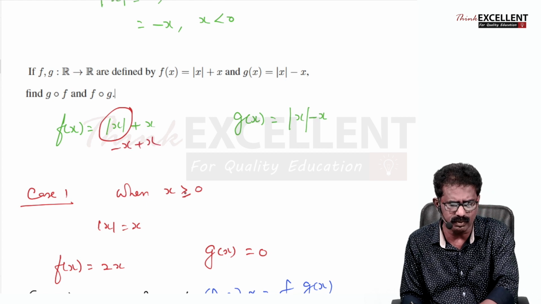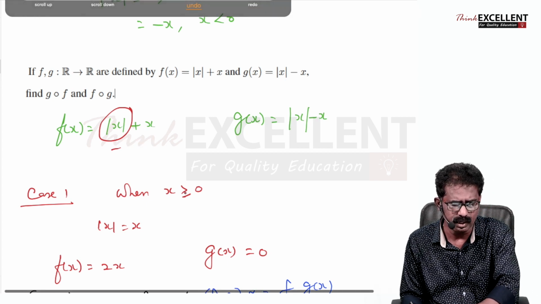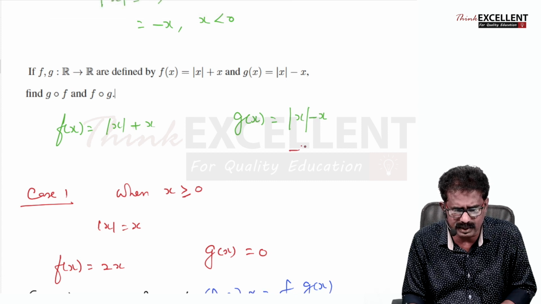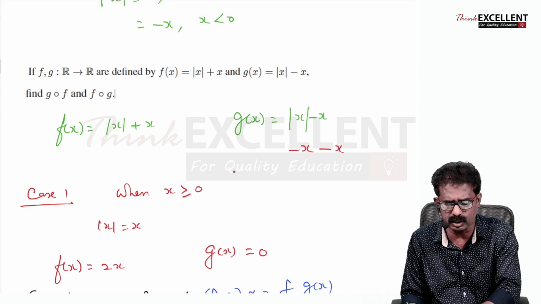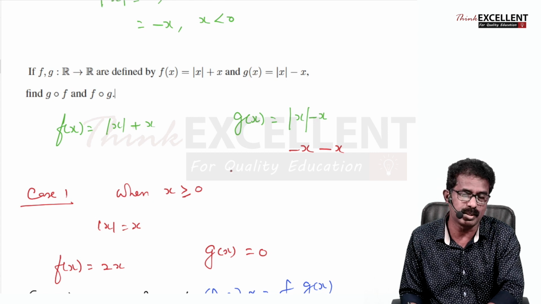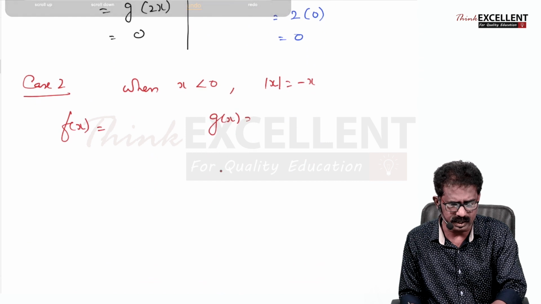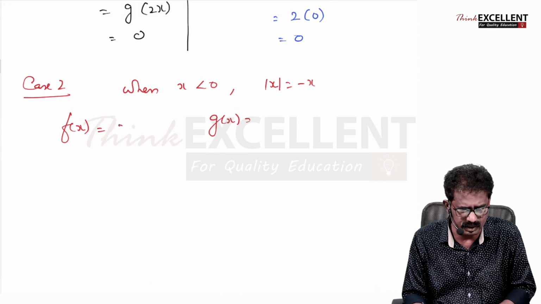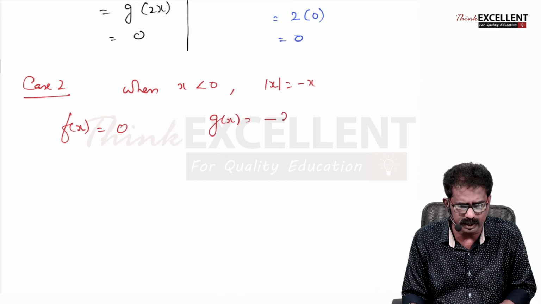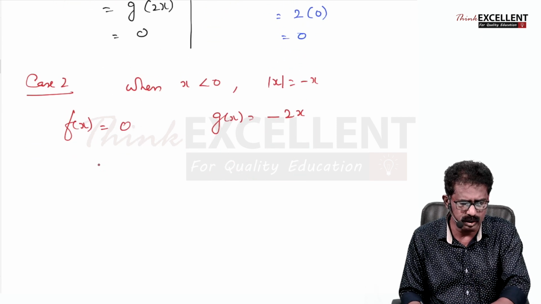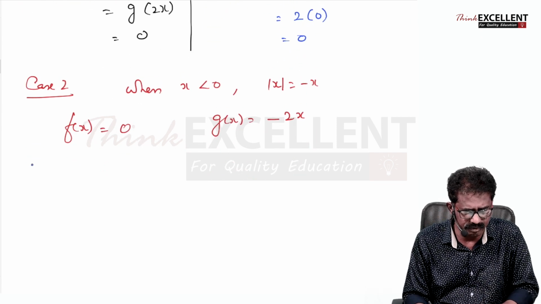So f of x value will be 0. And g of x value, modulus x is minus x, so minus x minus x. So it is minus 2x. Are you able to understand? So f of x is 0 and g of x is minus 2x. With this f of x and g of x, let us find both g composition f and f composition g.